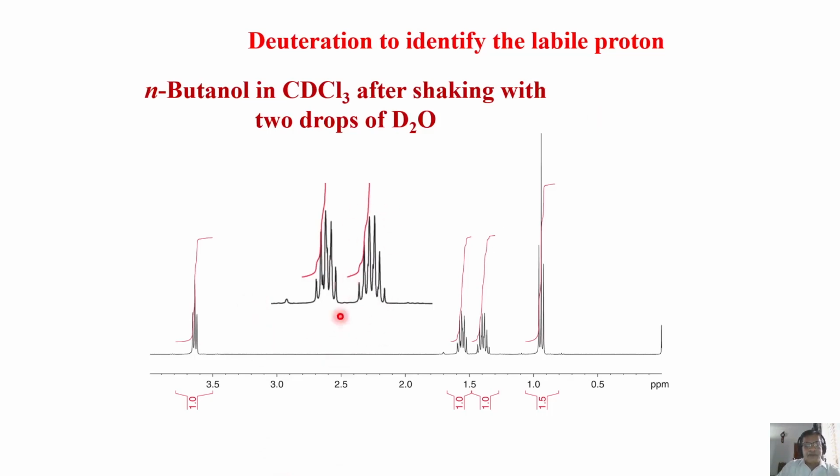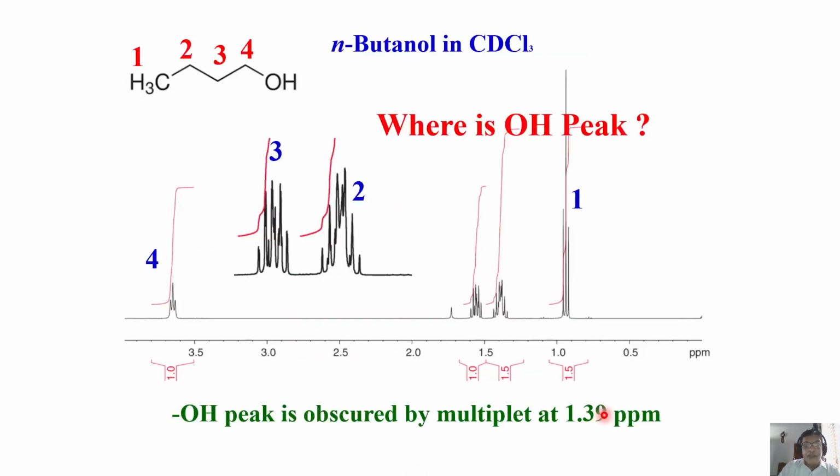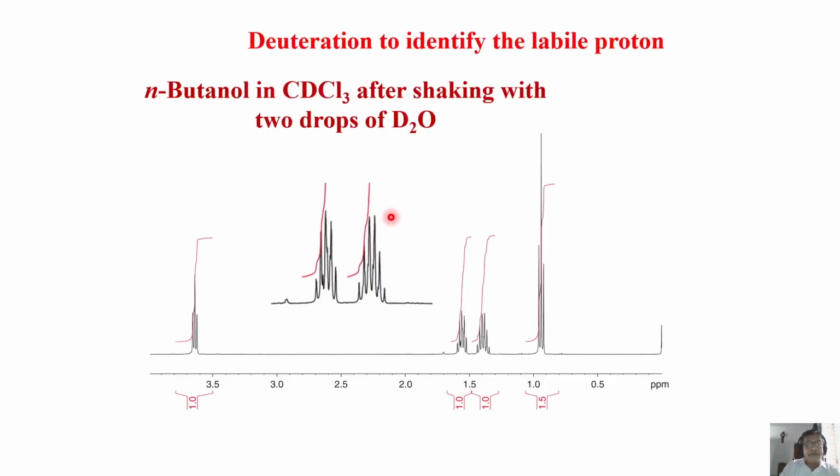Look, this became a very clear pattern now compared to this. Earlier, you see, the OH peak was obscured by this bunch. Now that OH disappeared, you get a very clear multiplicity pattern here. What happened to OH then? When you add D2O, OH will become OD. It is not protonated anymore.